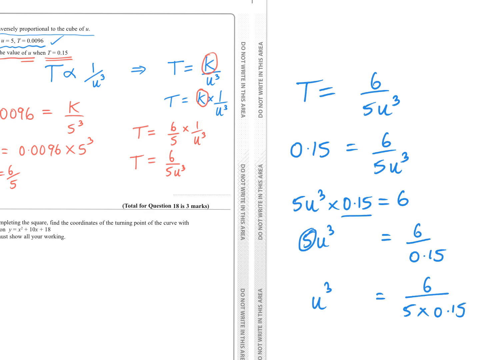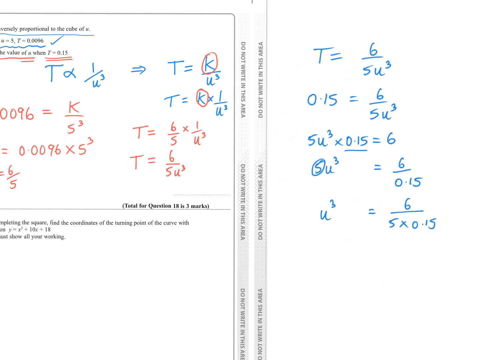I'll do that on my calculator. This is a calculator paper after all. So we'd have u cubed would be 6 divided by, open bracket, 5 times 0.15, close bracket, and that would give me 8. So that means u cubed would equal 8.